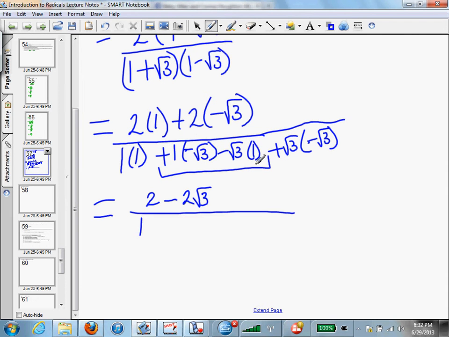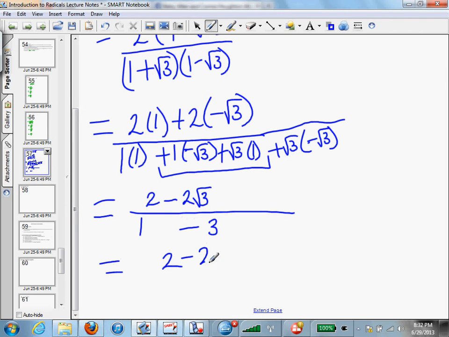And this is actually a positive radical 3 right here. So these cancel out, going to 0. And right here we see we're going to have a negative 3.